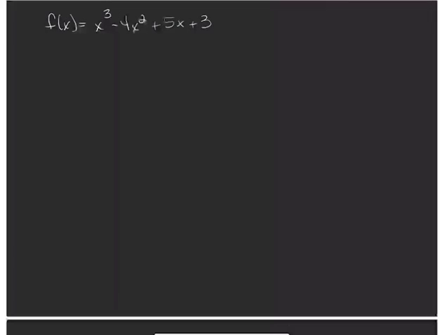So we should recall, if I gave you f of 2, what does that mean? Well, it means wherever there is an x, you're going to plug in a 2 to figure out what the y value is, right?